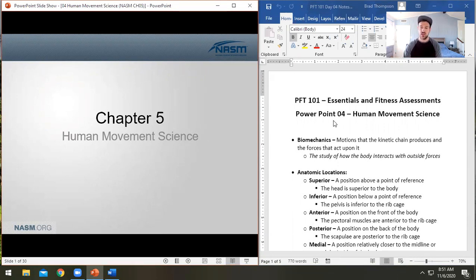So today we're moving on to chapter 5, which is very important to understand when we look at fitness assessments, because this is our understanding of how the body moves. If we are looking at alterations in the way someone moves their body, we can recognize, oh okay, ideally your knees should be lined up evenly while you're doing this exercise, but you're experiencing knee valgus.